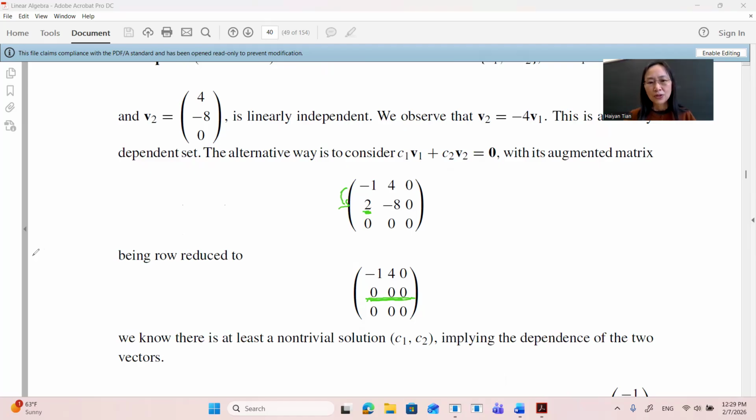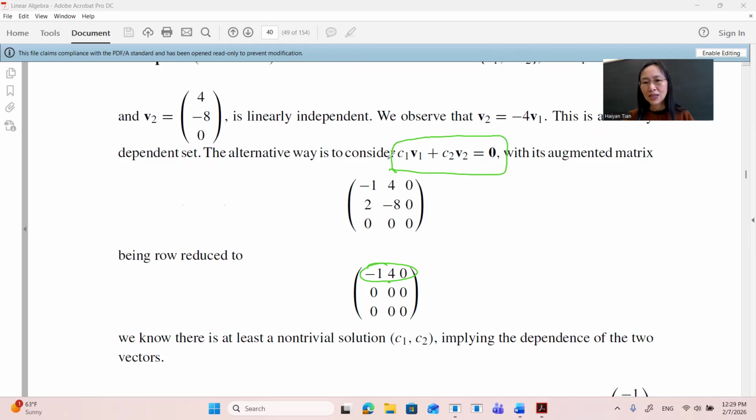That means a free variable, right? Because the system is V1, V2, this system of this form.